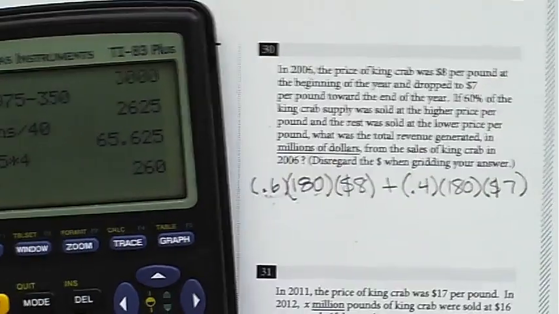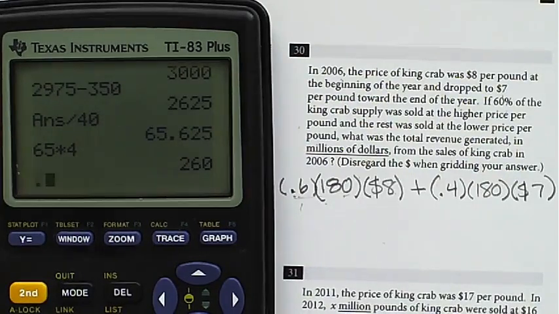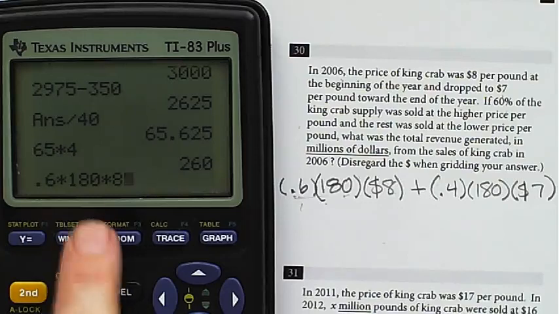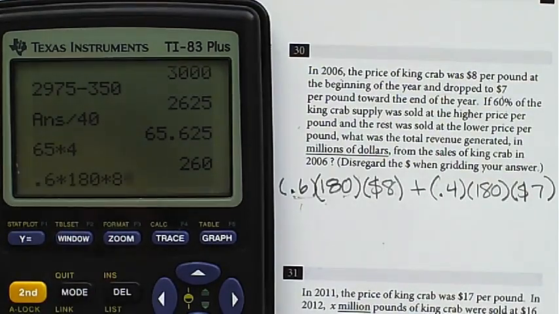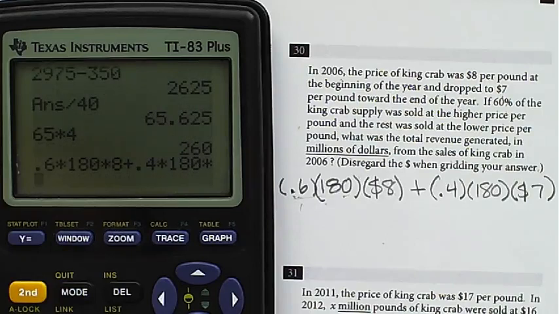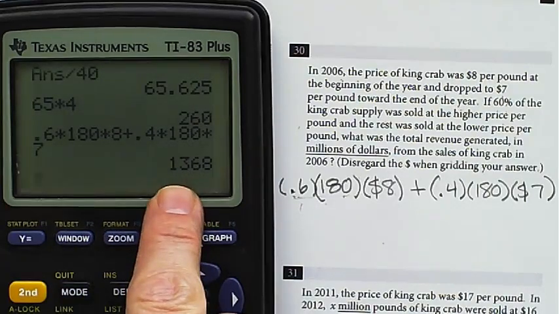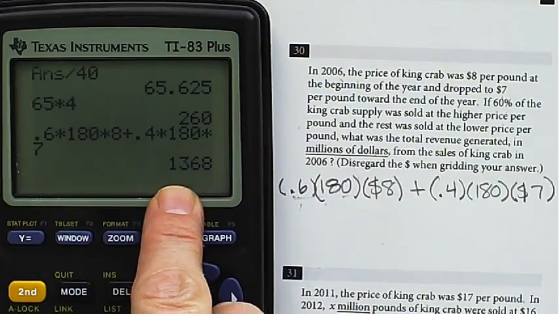Whatever is going to be the fastest. 0.6 times 180 times 8. There's the 60% that was sold at $8 a pound. Now I'm going to add the 40%. There's the revenue in millions of dollars.